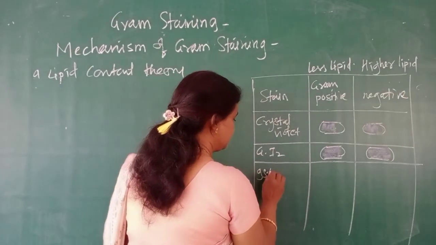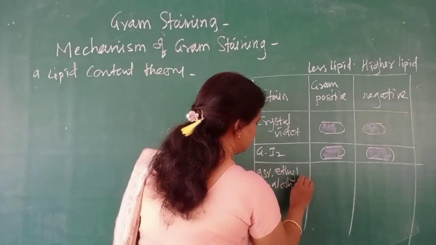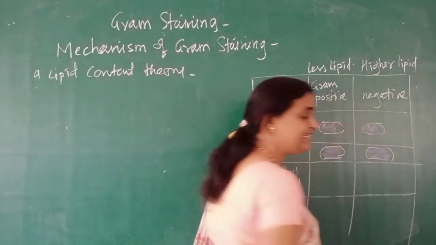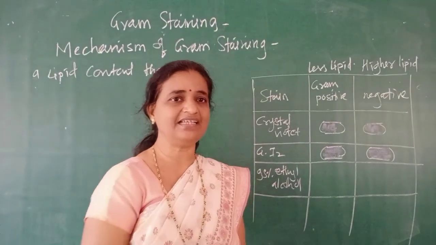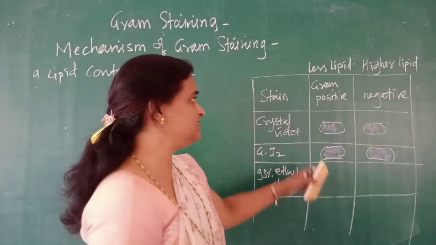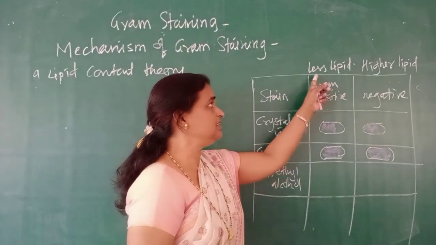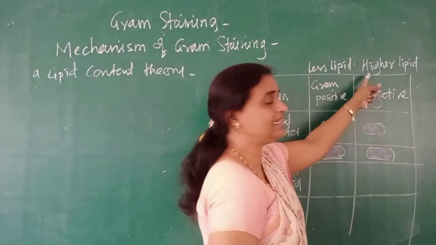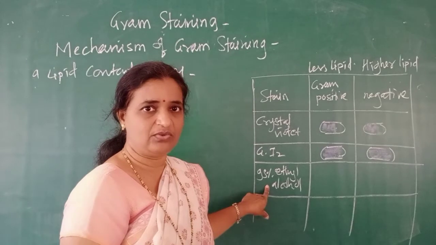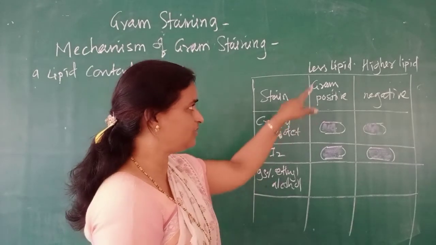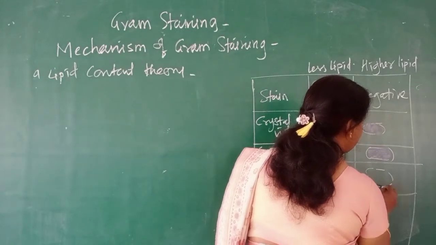Then in the third step, you apply ethyl alcohol. As you know, alcohol is a good solvent. Here it acts as a decolorizing agent, and it specifically decolorizes gram negative cells. How does this happen? Gram negative cells have higher lipid in their cell wall. All that lipid dissolves in ethyl alcohol, and large pores form on the gram negative cell.